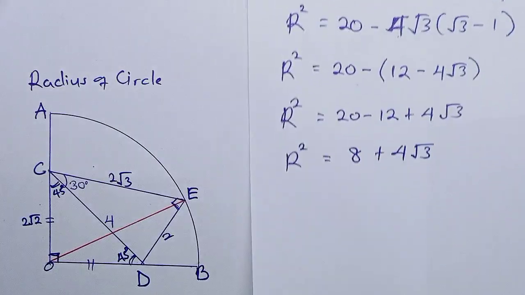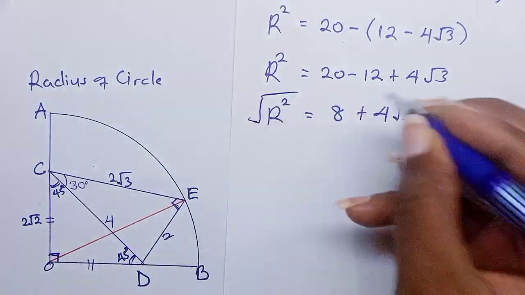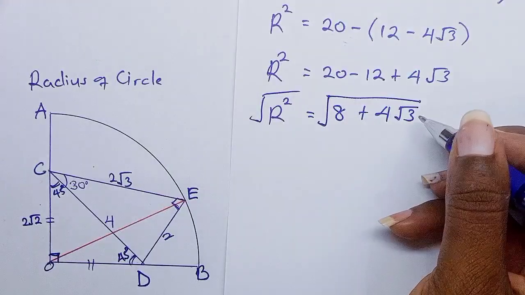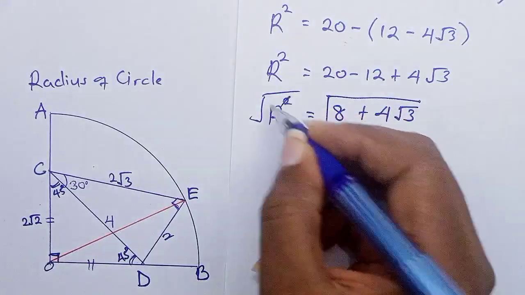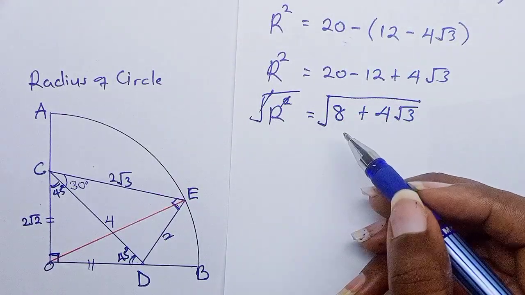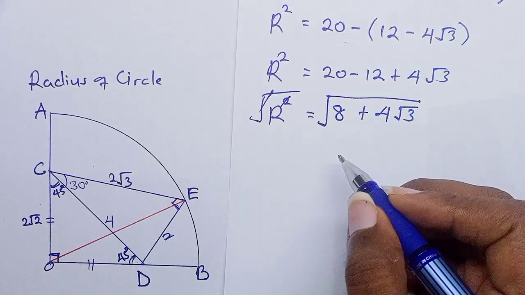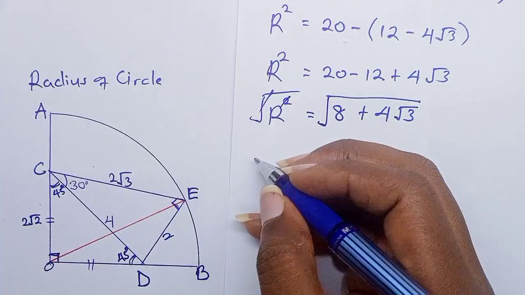Now let us find the square root on both sides. So square root here and square root here. This cancels out. This would give us positive or negative, but since R represents length, then it should be positive. So we only take the positive, okay?